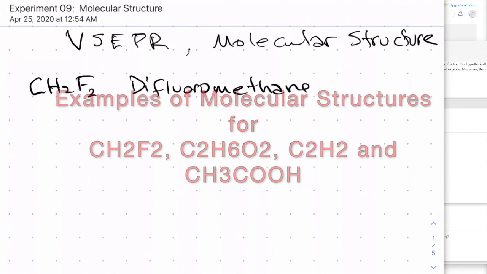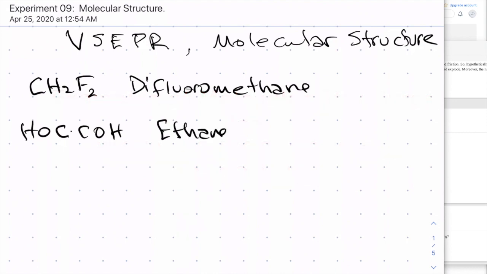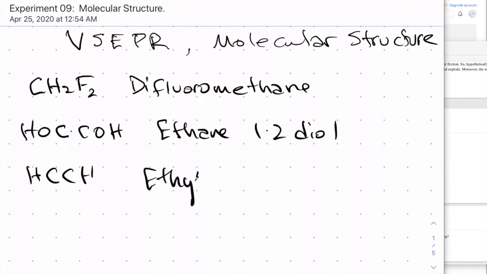Another one is HOCCOH, and this is ethane-1,2-diol. Then we're going to do HCCH. This is ethyne or acetylene. That's a common name, I mean. And then we'll do acetic acid.